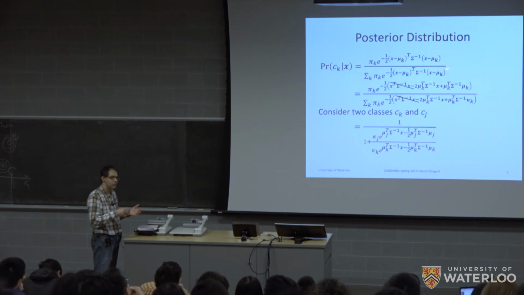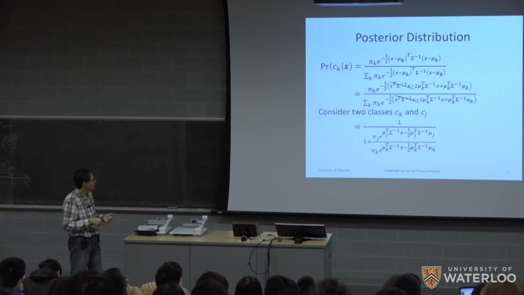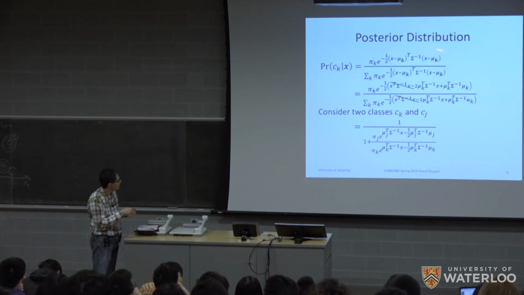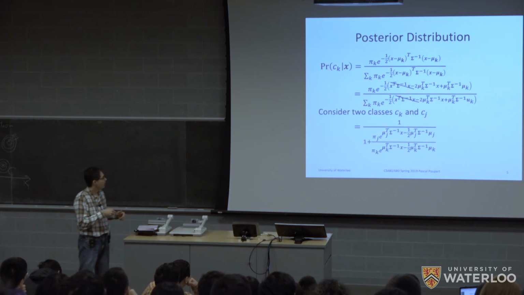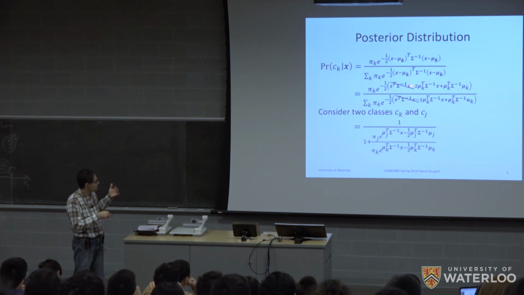Now this expression, I can simplify it a little bit. If I rewrite this term by expanding it in this way, and then I do the same thing for the denominator, it turns out that I can simplify the first term. So here, this is pi k times an exponential. In that exponential, there are 3 terms.